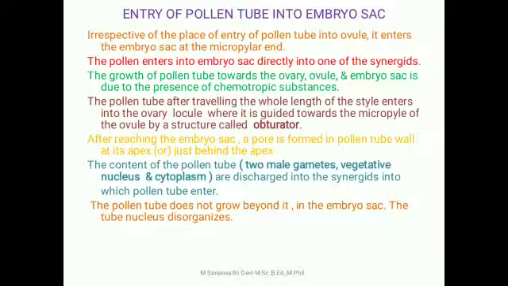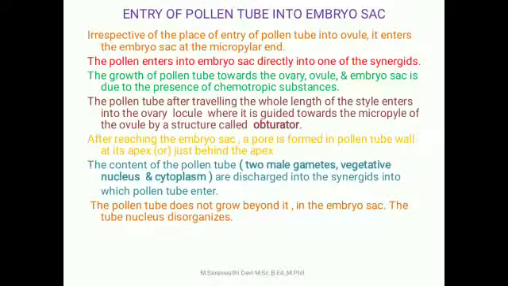The pollen tube, after traveling the whole length of the style, enters the ovary locule, where it is guided towards the micropyle of the ovule by the structure called the obturator. After reaching the embryo sac, a pore is formed in the pollen tube wall at its apex or just behind the apex.